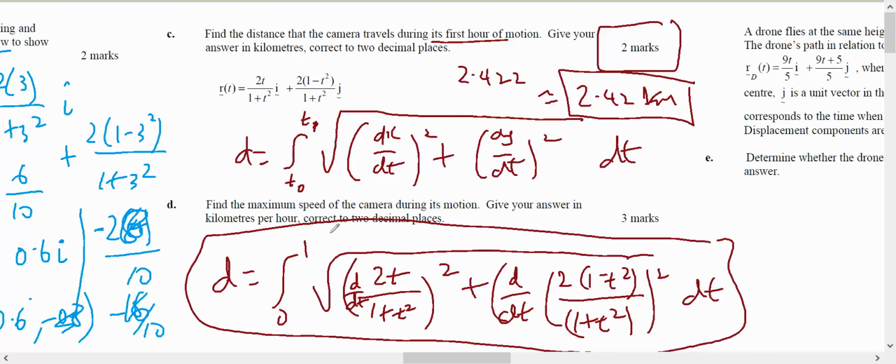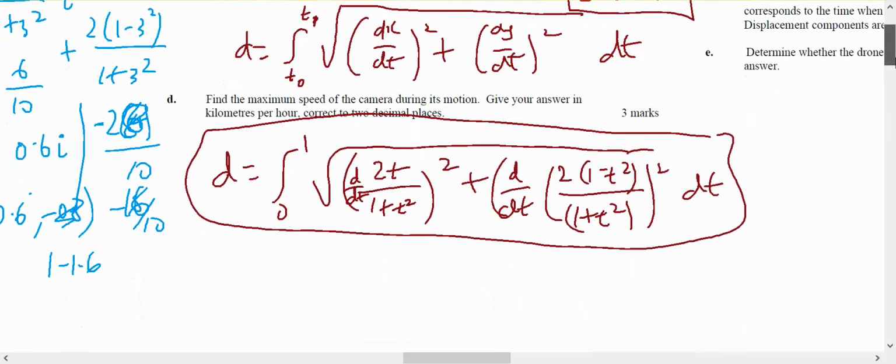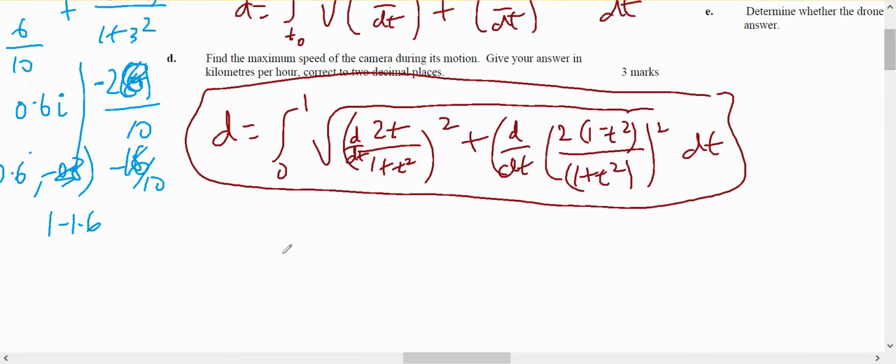Okay, in the second part of the question it says the maximum speed of the camera during its motion. So what I'd like to do is find the velocity of t, and then I'm going to use the maximum speed. Find the speed, and then find an expression for it, and then use fMax.